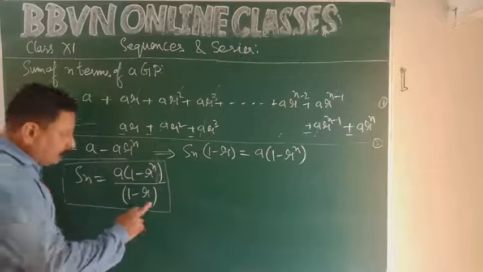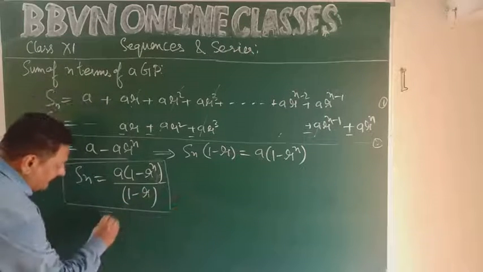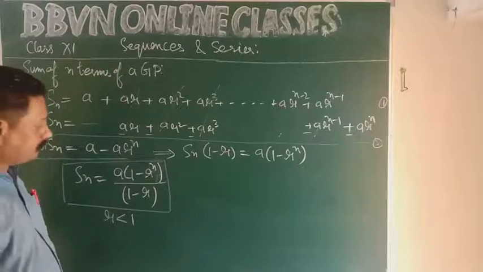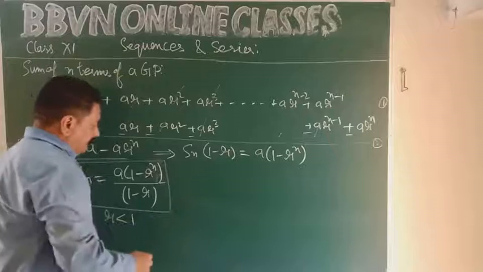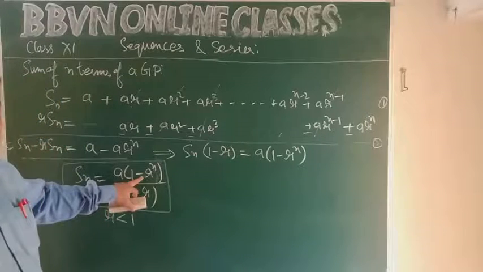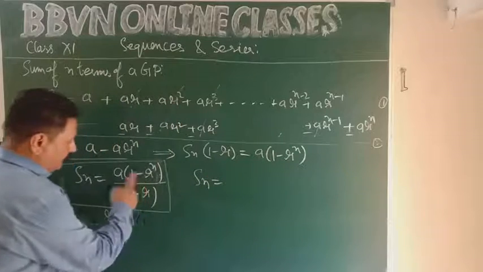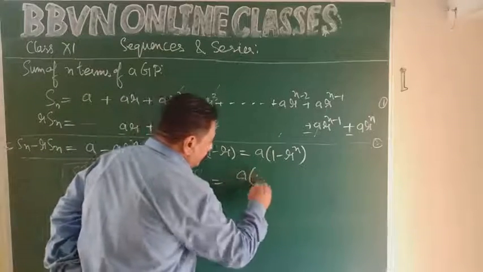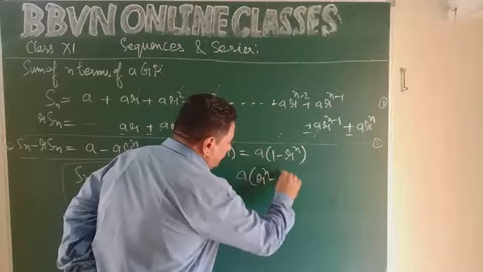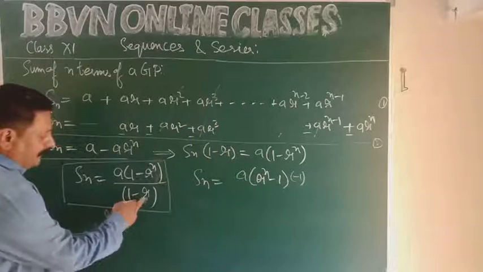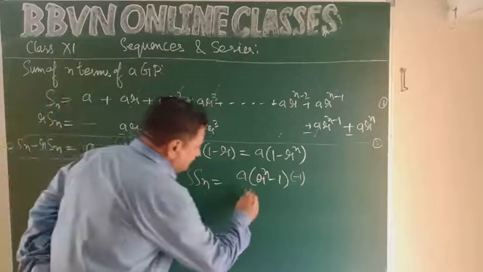It is better to use this identity when r is less than 1, common ratio r less than 1. What I will do is take minus 1 common in the numerator. You have taken minus 1 common. So a into r power n minus 1. In the denominator also I will take minus common.